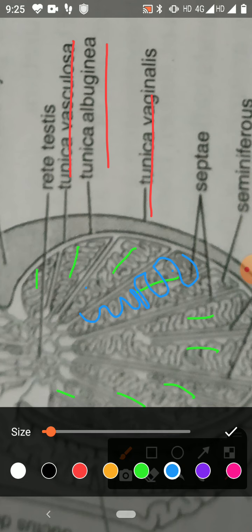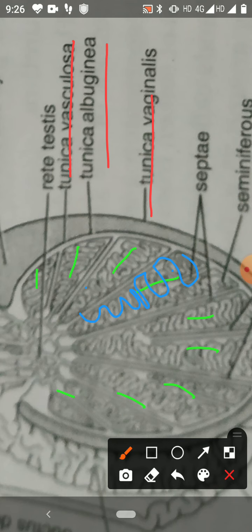The wall of each seminiferous tubule is made up of a single layer of germinal epithelium. This germinal epithelium consists of spermatogonia and Sertoli cells.